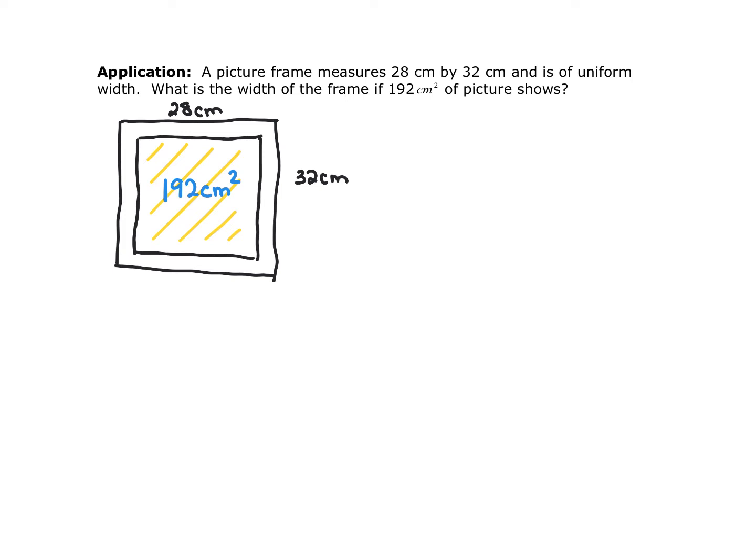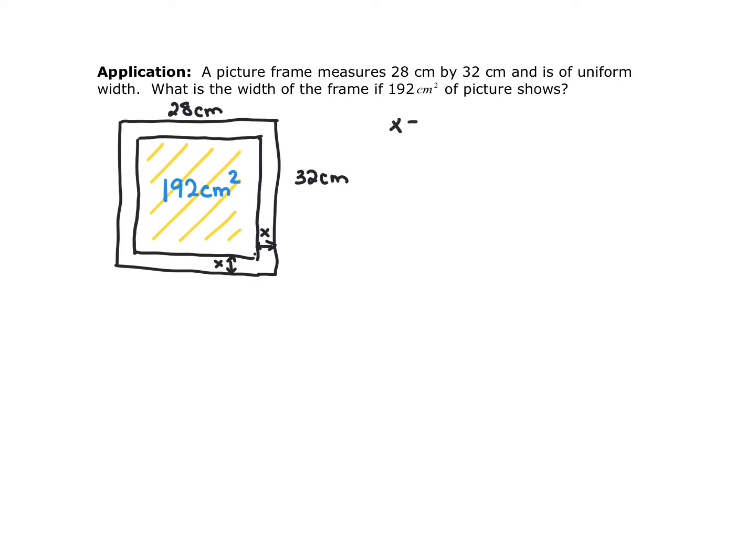And we want to know, what is this width, this little width here, and it does say that it's uniform, so we're going to call that our x. All right, so we have our picture, and we have identified our variables in our picture.